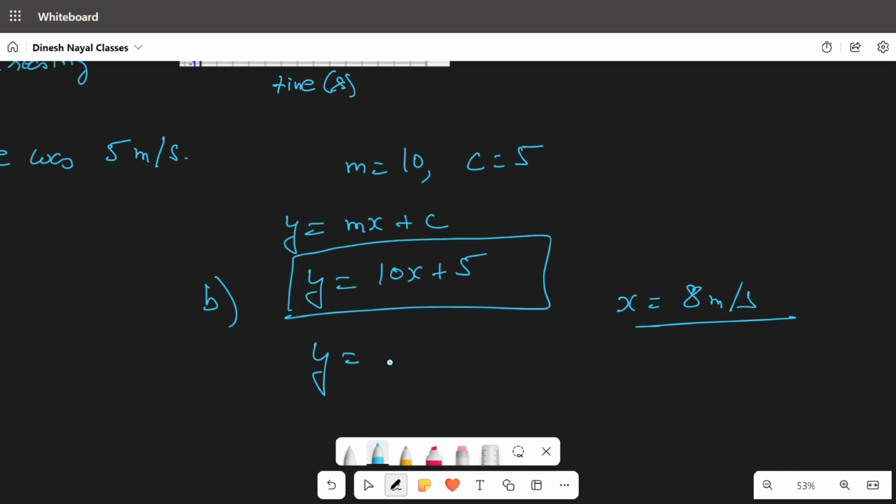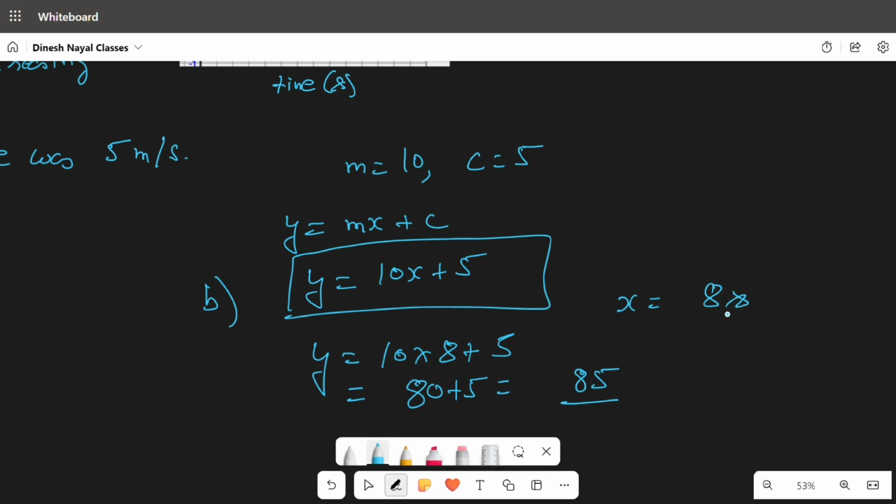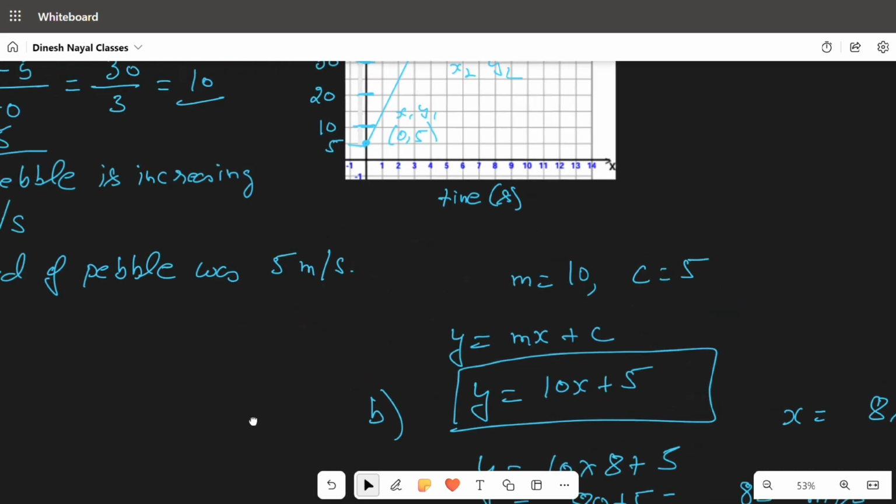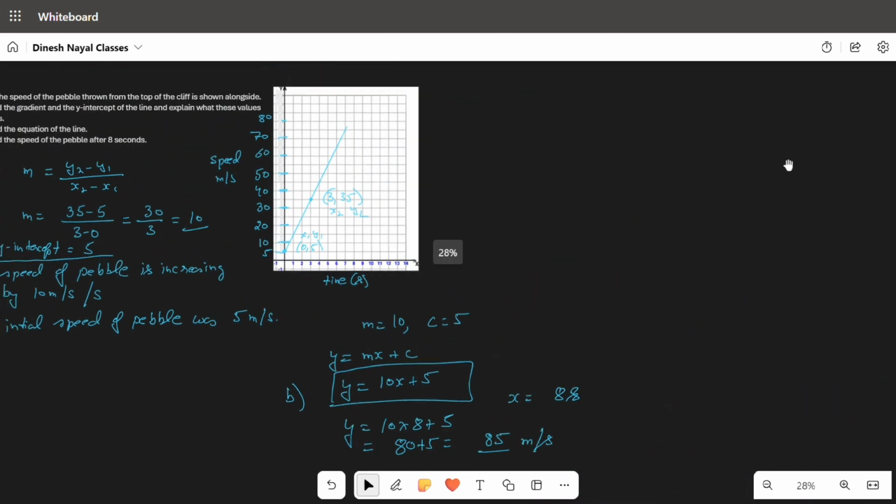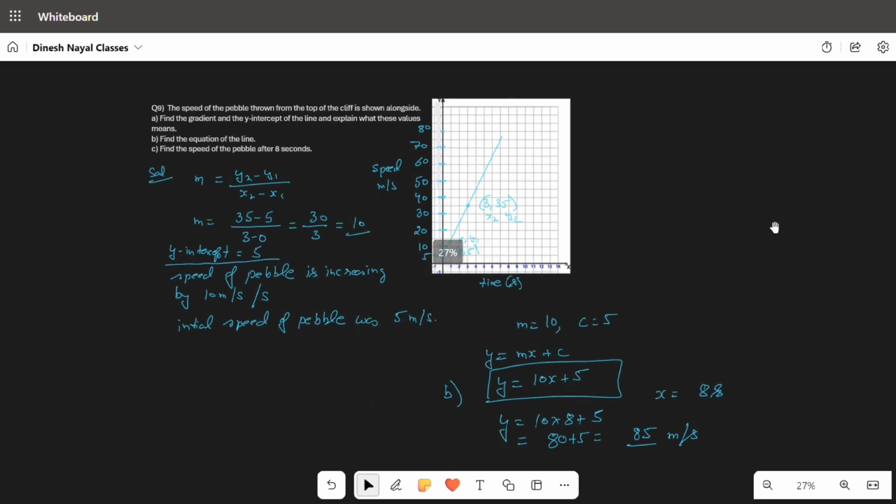So y will be 10 times 8 plus 5. 10 times 8 is 80, plus 5, that is 85. So when the time is 8 seconds, the speed will be 85 meters per second. So you can see the whole solution of this question.